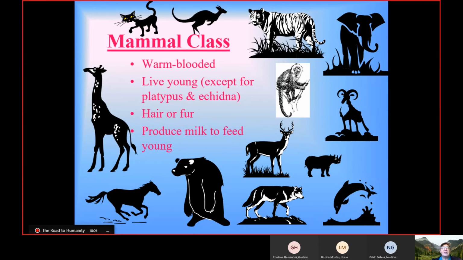In a way, warm-blooded is not a very good name for this. Because, for example, a lizard in the desert might have its body temperature 105 degrees during the day. But at night, the lizard's body temperature might drop down to 75 degrees. So the temperature of the lizard changes throughout the day.